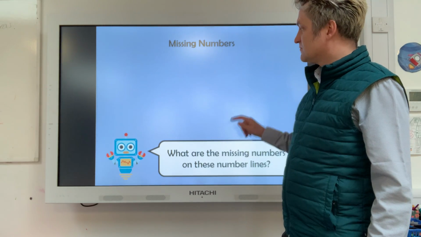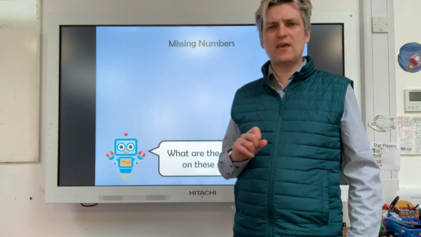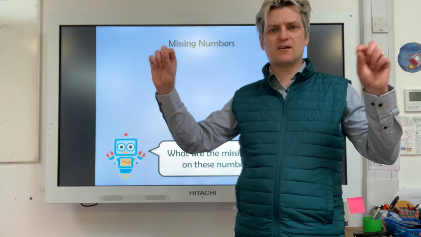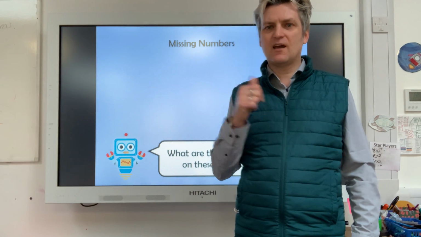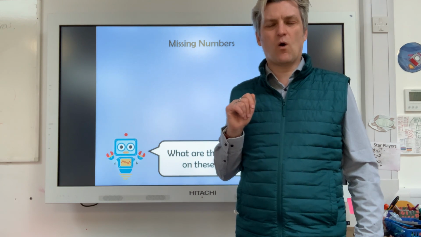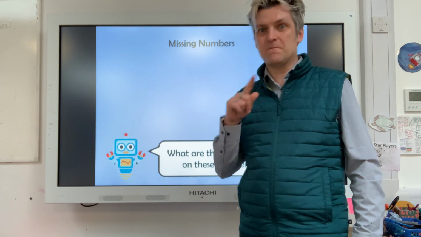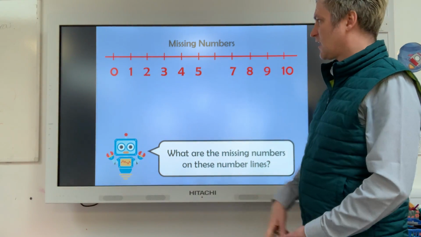There it is. Okay. Now, last week, can you remember we had those number lines? And it started with 0 and it went all the way up to 10. I've got some number lines on here. See if you can work out what the missing numbers are. Here we go. Here's the first number line. Look carefully.